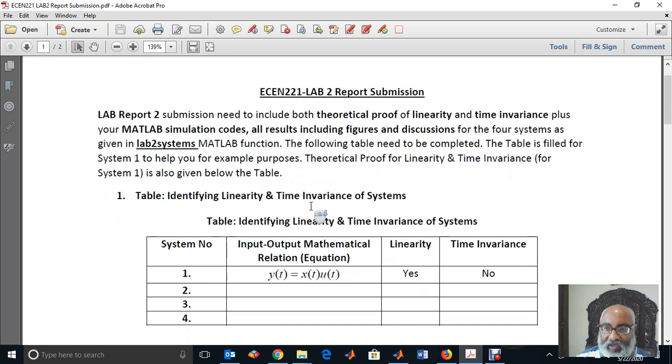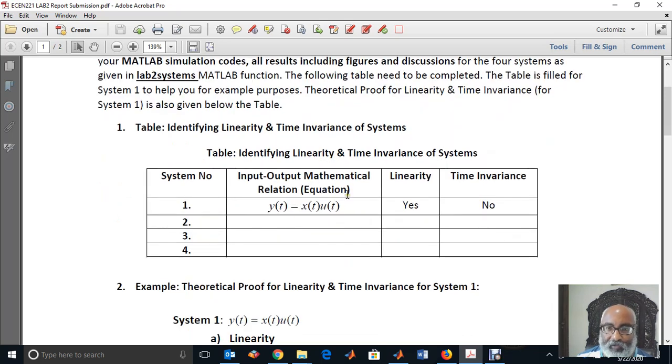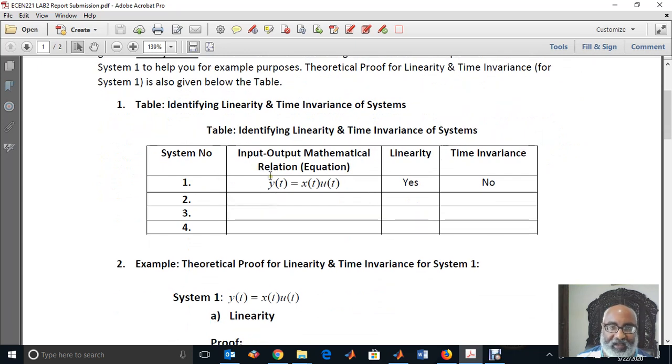First of all, you will try to determine the linearity and time invariance mathematically. For example, here is the mathematical expression for the first system. The first system is y of t is equal to x of t times u of t, where u of t is the unit step signal, as you know.